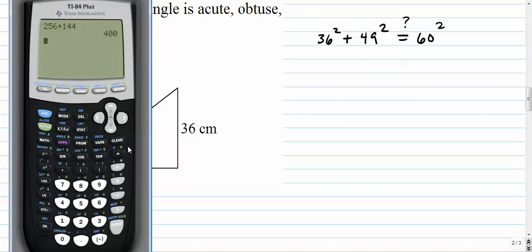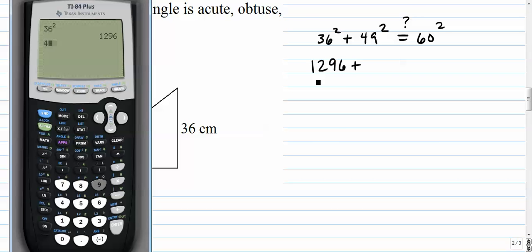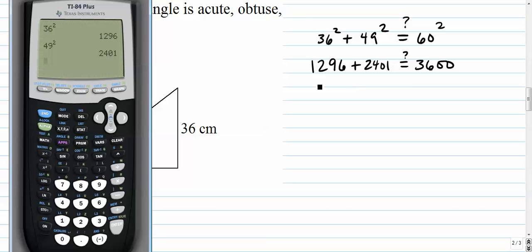And we go to our calculators here. 36 times 36 is 1296. 49 times itself is 2401. Does that equal 3600? Well, I can tell right now that it definitely does not, but more importantly, I want to figure out what it does equal.